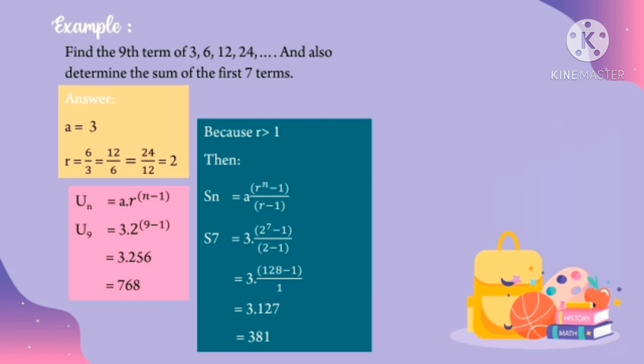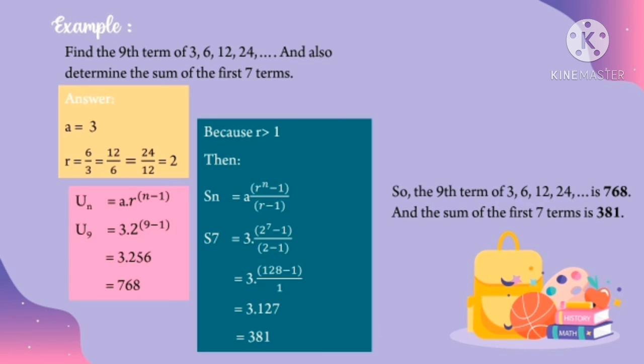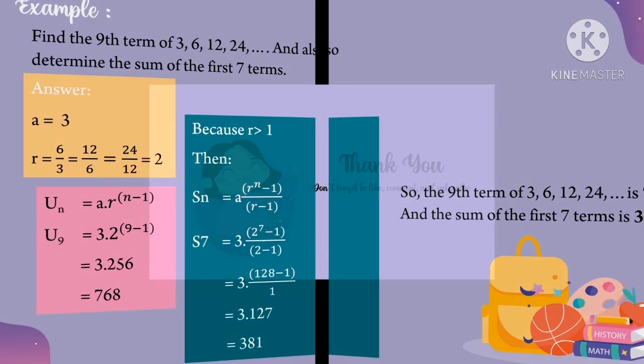Then the operation produces S7 equals 381. So, the ninth term of 3, 6, 12, 24, and so on is 768, and the sum of the first 7 terms is 381.